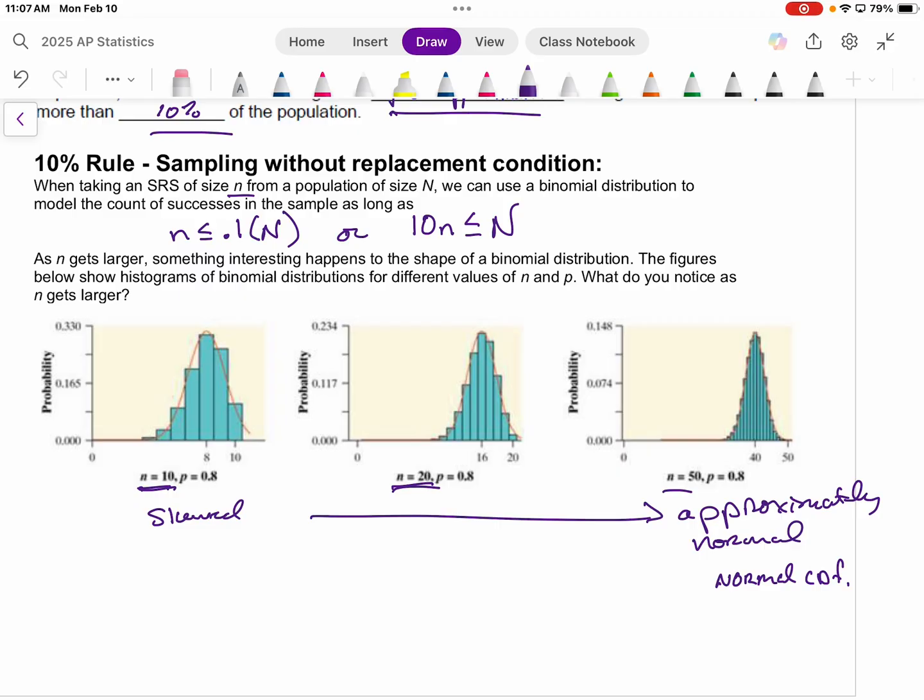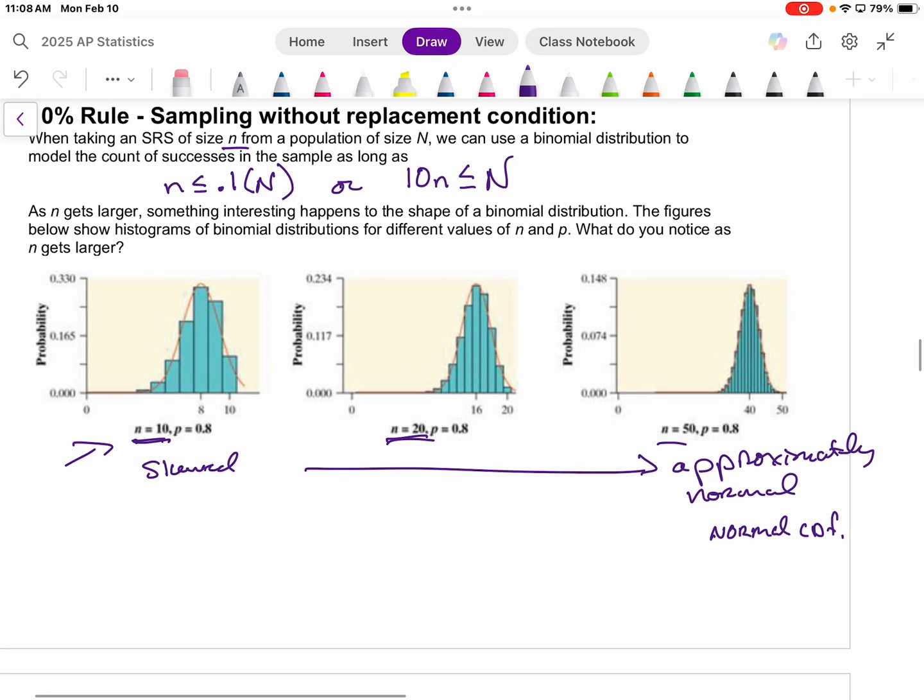If it's 50-50, then it's probably going to be approximately normal, okay? If you notice this one compared to the one that we did earlier by hand, the probability of success was 20% and it was skewed right. So just to let you know, higher probability with a low sample size is skewed left.